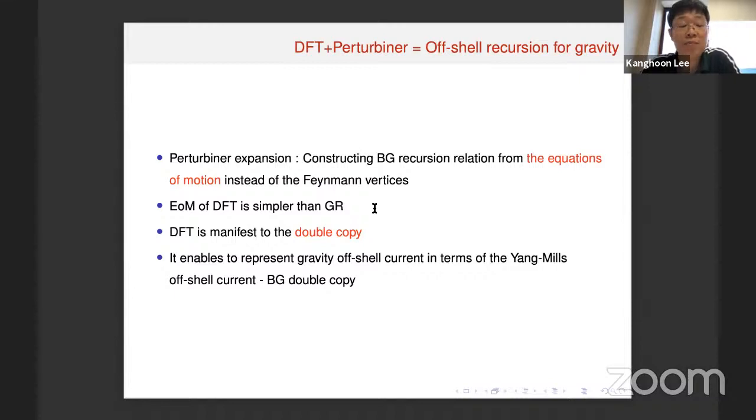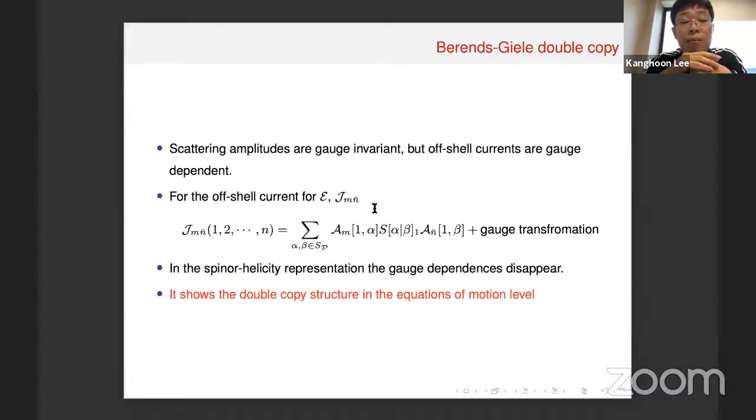I'll skip this part, but the point is that we can see the double copy structure. Double copy is that the gravity amplitude can be obtained from the Yang-Mills scattering amplitude in that way. It's just some current version of the double copy relation.